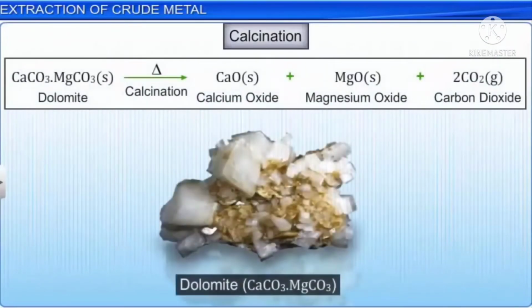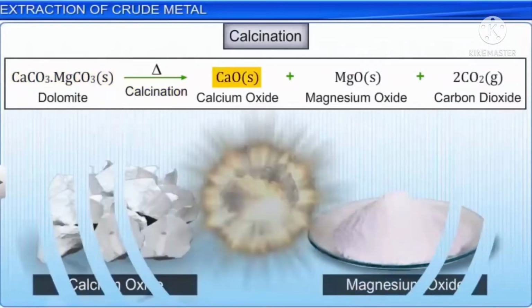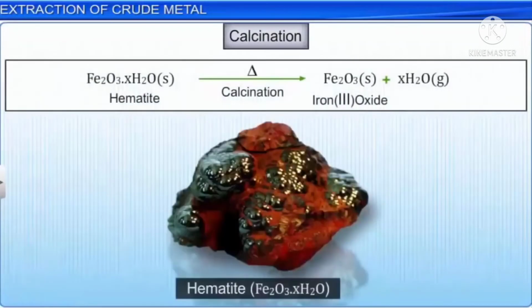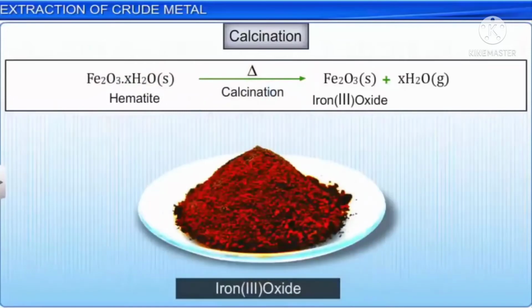Similarly, when dolomite, a double salt of calcium carbonate and magnesium carbonate, is calcined, it gives calcium oxide, magnesium oxide, and carbon dioxide gas. On the other hand, when hematite is calcined, it loses its water of crystallization, as shown here.